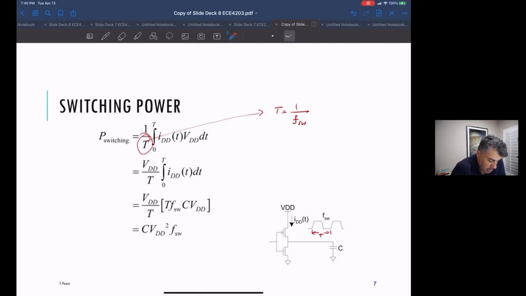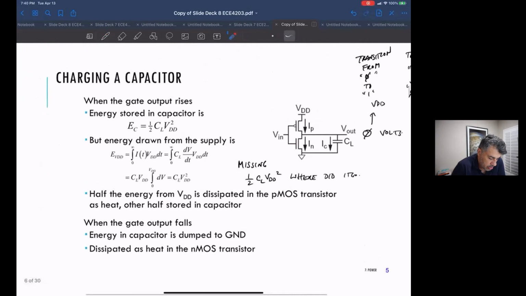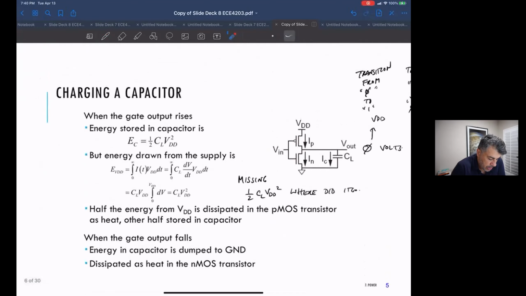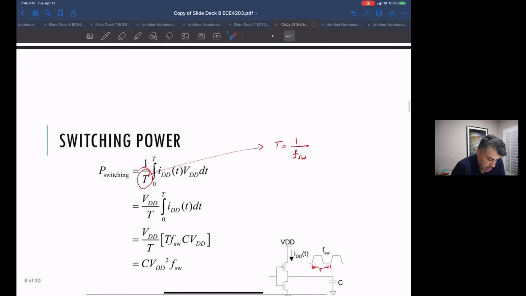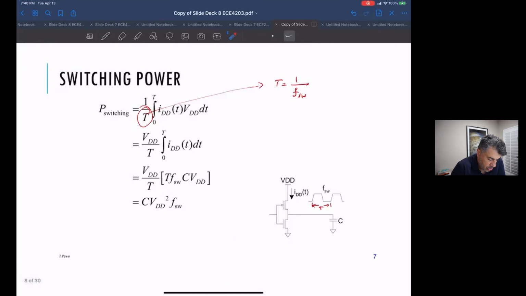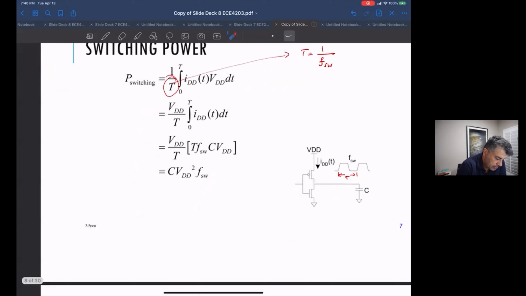Since we know the power across our full switching, we know that the energy from the supply is this. So we end up with the CV squared F value. This is the critical equation.